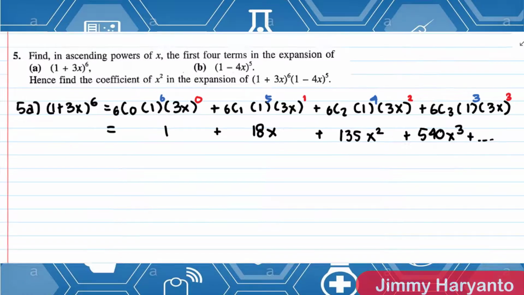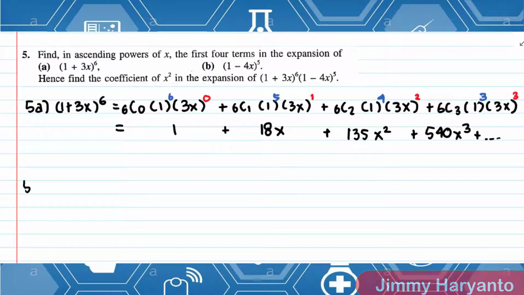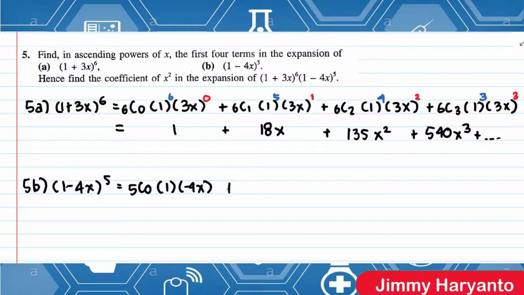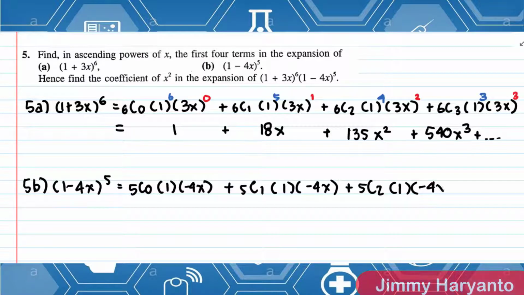This is the first fourth term. For 5b, it will be (1 minus 4x) to the power of 5 equals 5c0 times 1 and then negative 4x, yeah, don't forget the negative, plus 5c1 times 1 and then negative 4x, and then 5c2 times 1 and negative 4x.